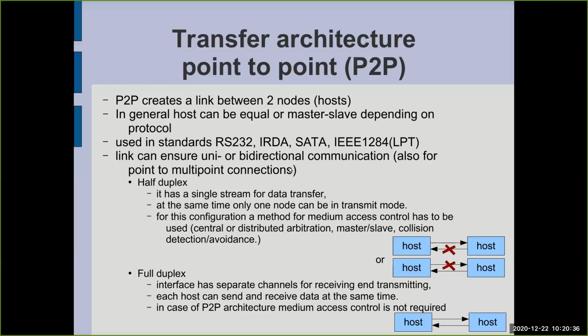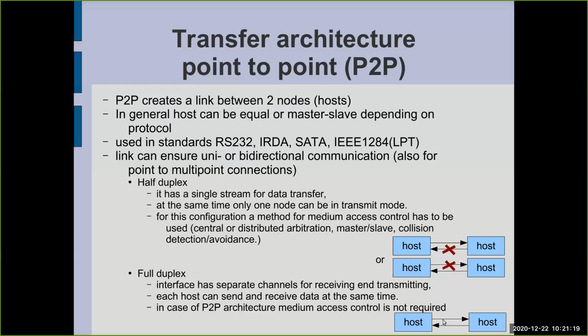What are the benefits of point-to-point architecture? So in this case, if we have half duplex mode, usually one side is more important than the other side. So one side is called master and the other side is called slave. So the master side is able to send data anytime, but the slave side can send data only when a host allows for it.